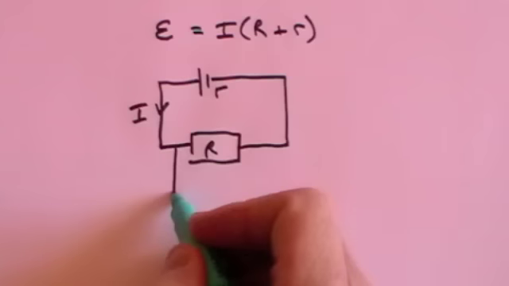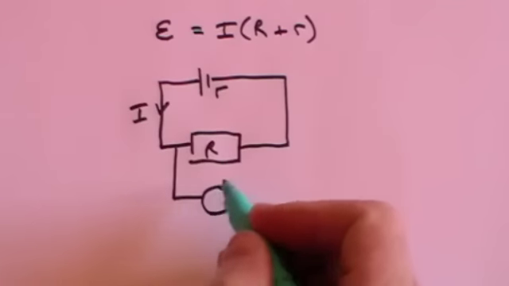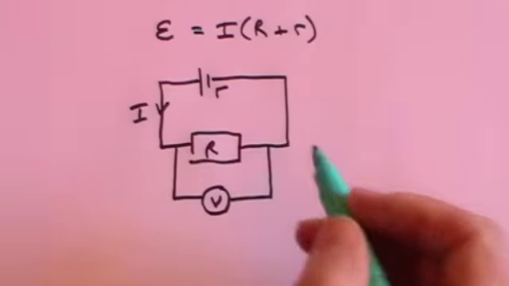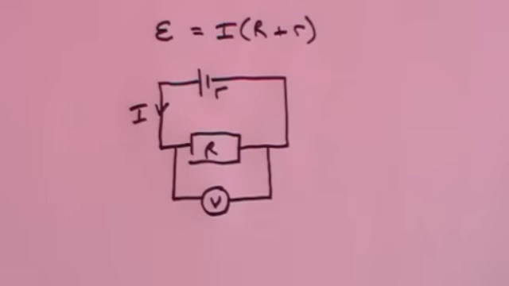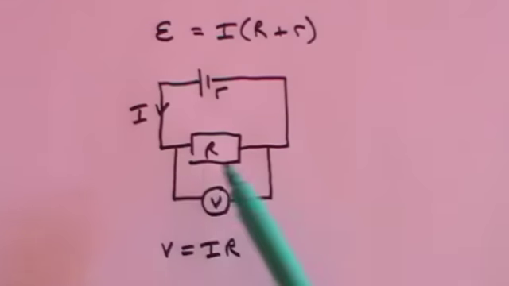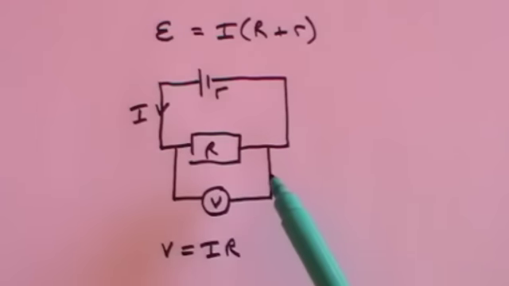Now, what is the voltage that drops across this resistance here? We measure it with a voltmeter, we put the voltmeter across the resistance, and we will find that the voltage will equal the current times the resistance. That is the voltage drop across the resistance here.